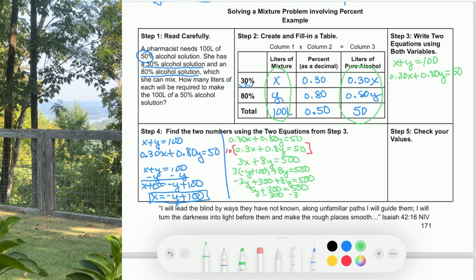Subtract that 300. And I get 5y plus 0 equals 200. I'm going to bring that up over here and just finish that out. So 5y equals 200. Divide both sides by 5, and I get y equals 40.